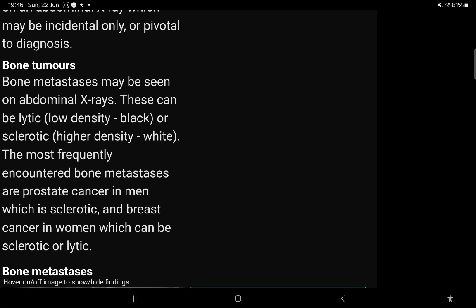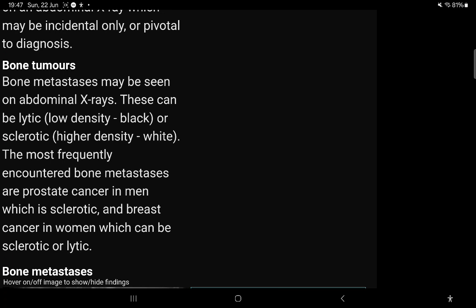Some metastases from other organs, when they metastasize to the bone, have a lytic or sclerotic nature according to their effect, either destruction or slow progression. The destructive ones appear as lytic, and the slower growing ones appear as sclerotic.